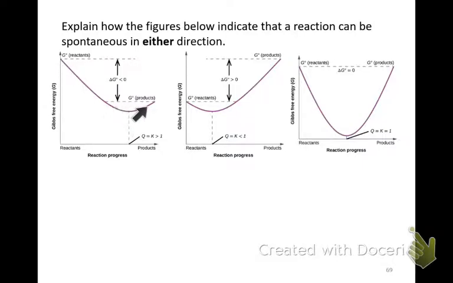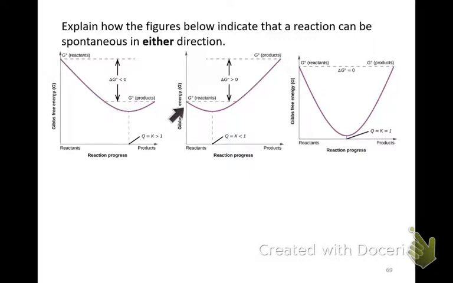And here, if you start over here and you have too many products, you're going to proceed toward the reactants. The delta G standard is referring to the energy difference between the reactants and the products. Since the reaction is more toward the products at equilibrium, that gives us a negative delta G standard. So if you had equal amounts, you would go toward the products to get to equilibrium.